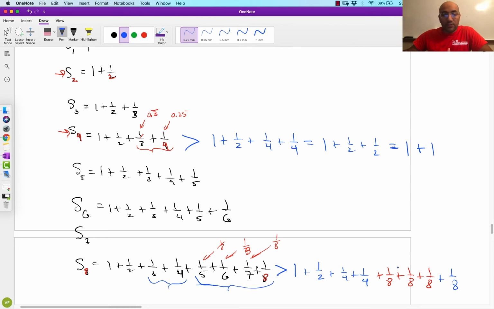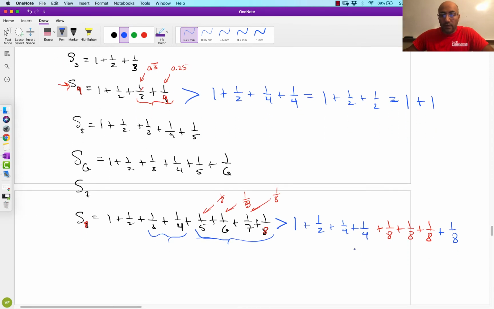And the reason it's useful to do this is because now we get to group them up in a nice, pretty way. These guys group up to just be 1/2, and these guys group up to just be 1/2. So I end up saying that this list here is definitely bigger than 1 plus a half plus another half plus another half. 1, 2, 3 halves.